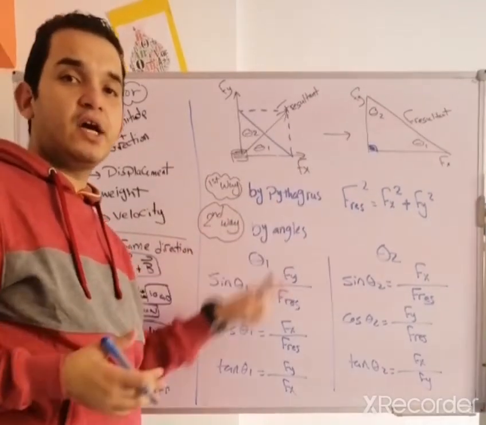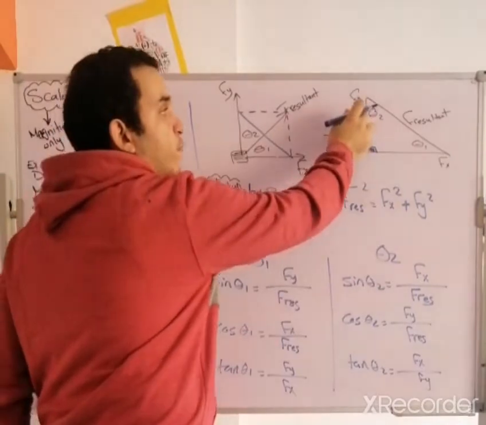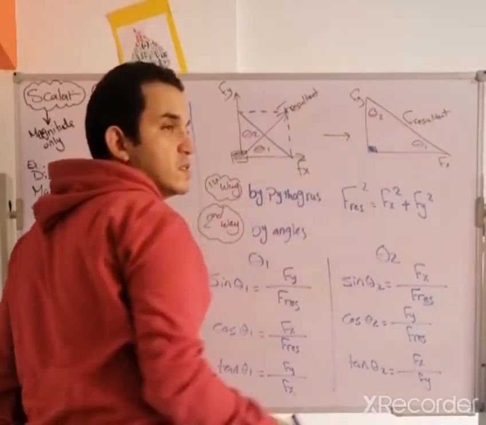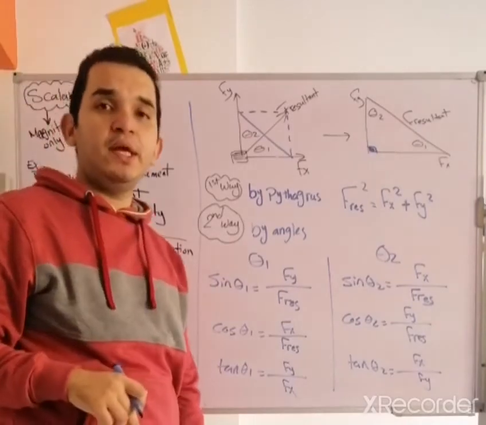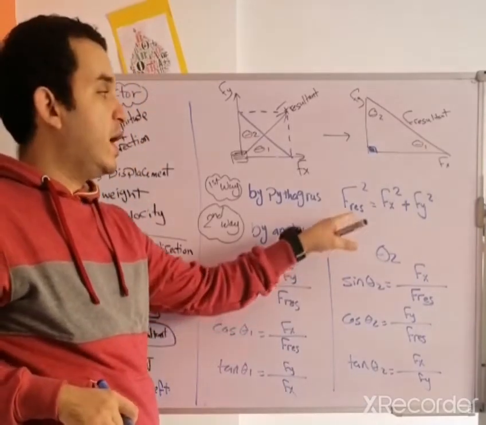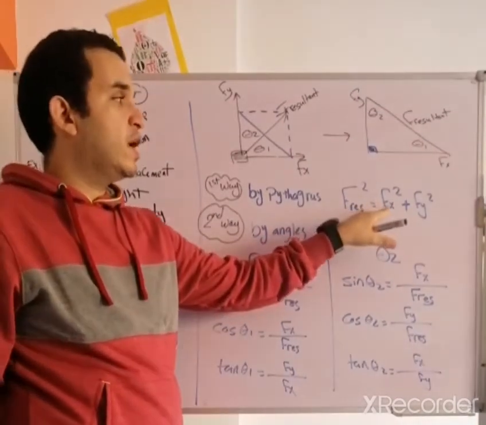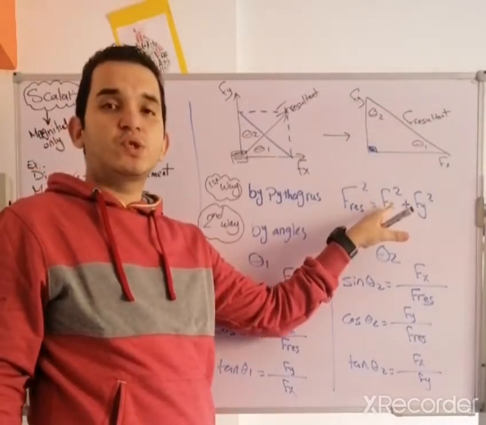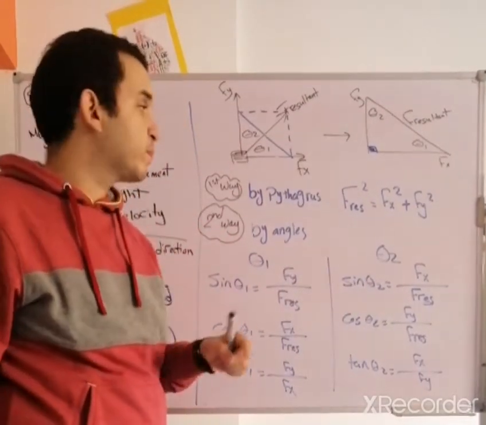Fx falls on the x-axis, Fy on the y-axis, and F resultant. By using the Pythagoras rule that we studied in Prep 3 in the maths curriculum, F resultant squared, which indicates the hypotenuse, equals Fx squared plus Fy squared.